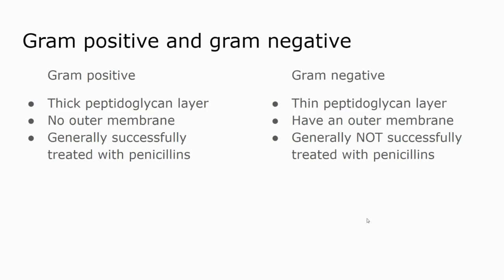So talking about that membrane around the bacteria, there's two types of membranes. There's gram-positive membranes and there's gram-negative membranes. Gram-positive membranes have a thick peptidoglycan layer, and gram-negative cells have a thin peptidoglycan layer. Basically, peptidoglycan is just this polysaccharide, or this molecule in the cell, that protects it.